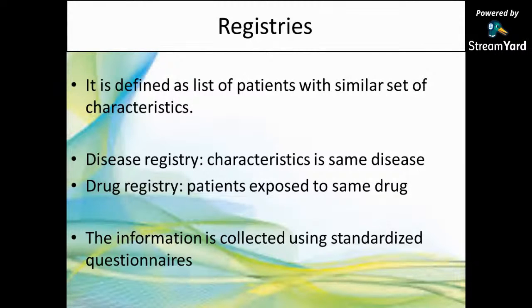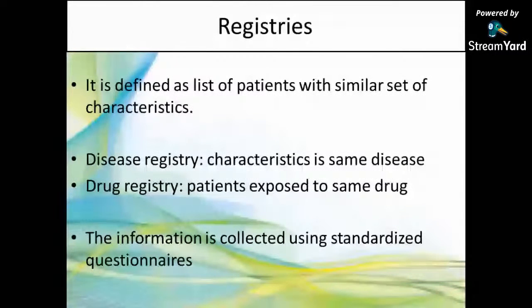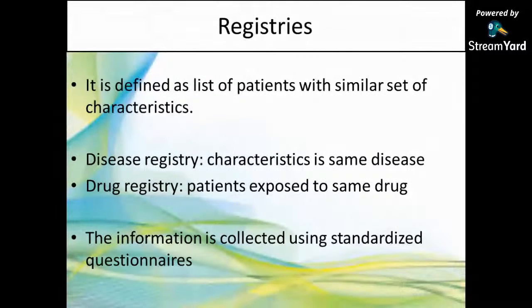The second one is a drug registry, where all the patients are exposed to the same drug. So you will get the information about the disease registry and the drug registry. Now, this information about the disease and drug is again collected in the form of a questionnaire. The questionnaire needs to be sent to the healthcare professional or to the patient, and from the information received through this survey form, the disease registry and drug registry need to be updated on a timely basis.